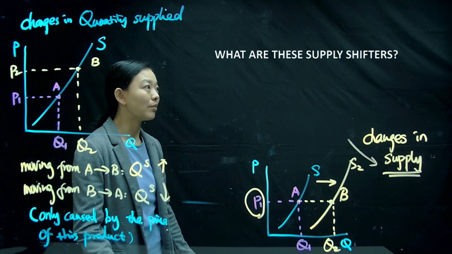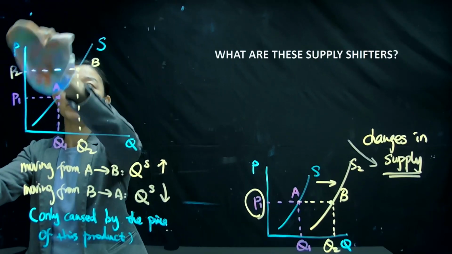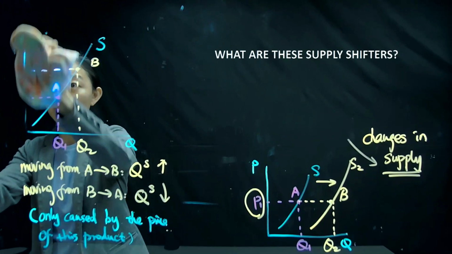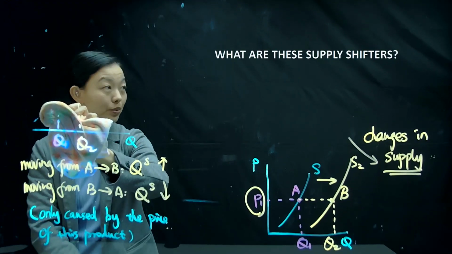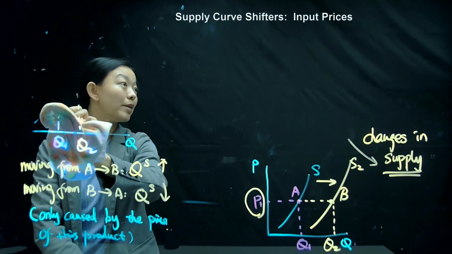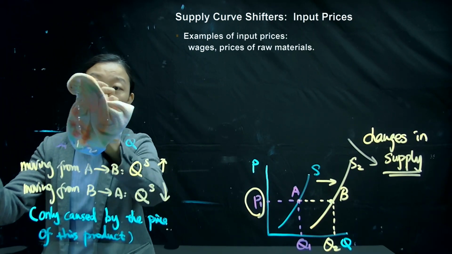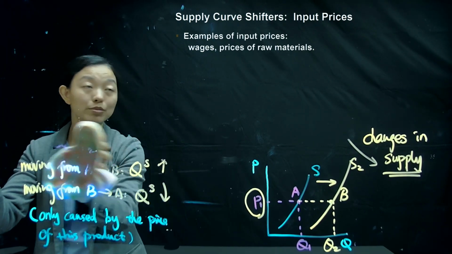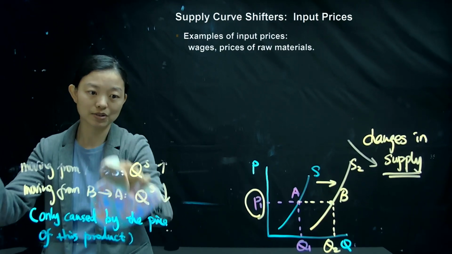Now let's move on to talk about supply shifters. As I mentioned, one of the most important supply shifters is cost. Let's look at the first one, input prices. Input prices include wages and the price of raw materials. We can treat all those as input prices.